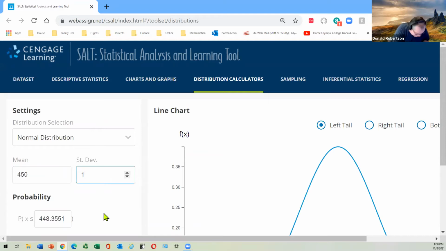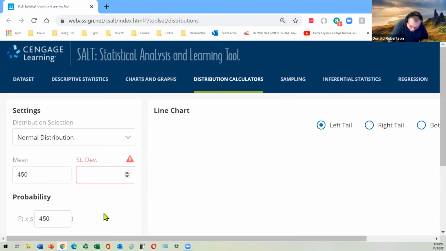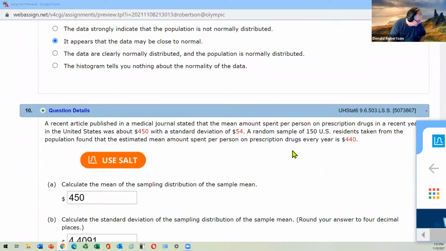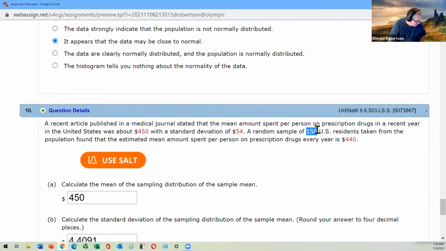Oh, I am not typing in 54. That's the standard deviation of the population, isn't it? What's the standard error going to be? Aren't we going to have to incorporate the n as 150?